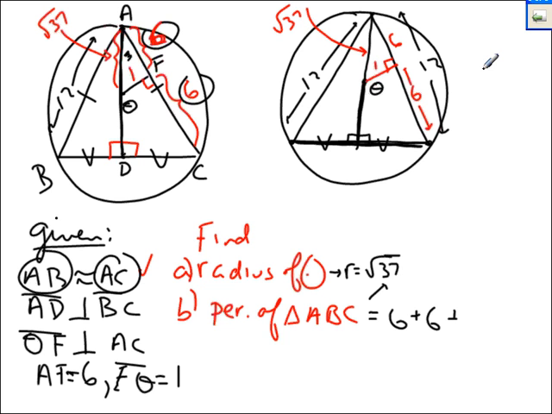So do I have any equal chords? That's what I want to think about now. Well, let's just label this B, C, and A. I know that AB and AC are equal chords. So that means this distance is 6 as well.